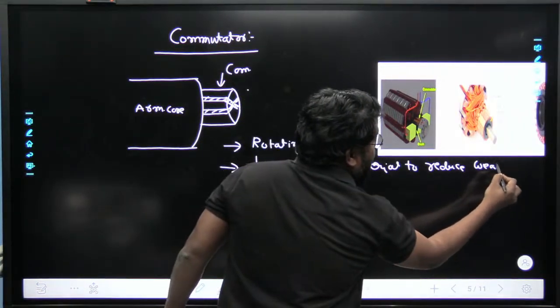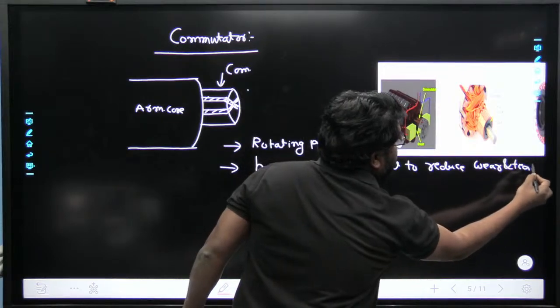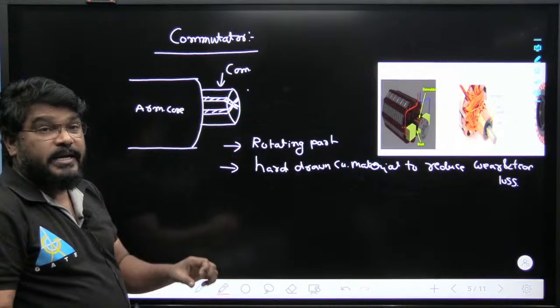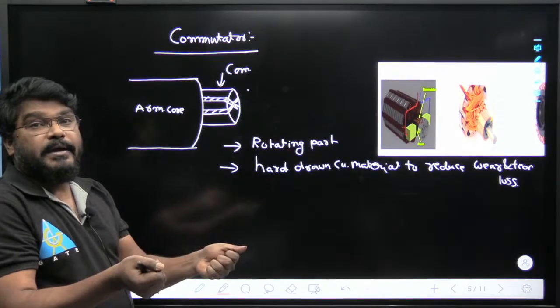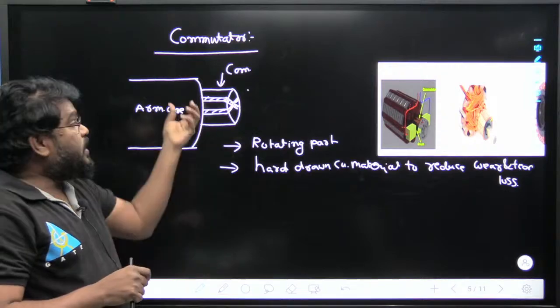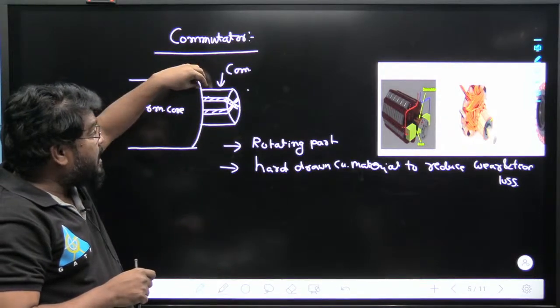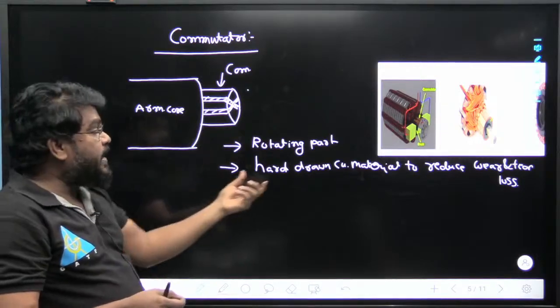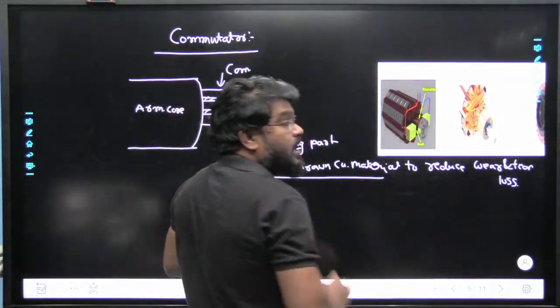What are wear and tear losses? Tear means to avoid breaking, and wear means to reduce the loss of surface area. So in order to prevent the reduction of surface area and to prevent breaking, it is made with hard drawn copper material.